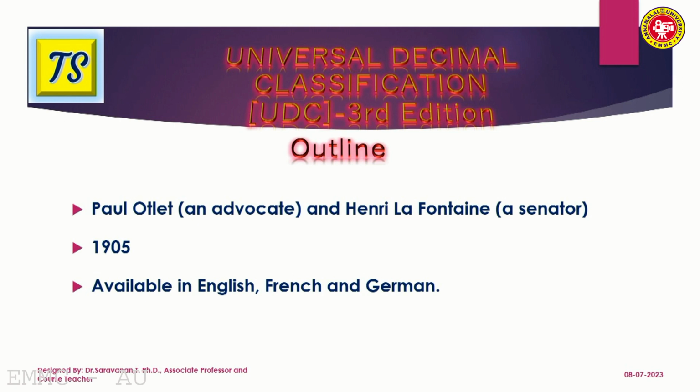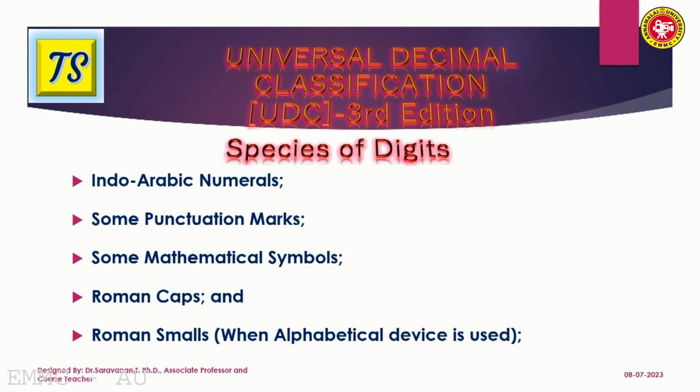You can understand when you go through the practice. The scheme is available in various languages such as English, French and German. The UDC 3rd edition is in practice now.